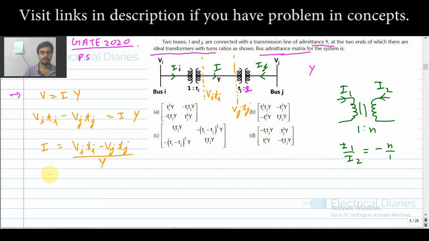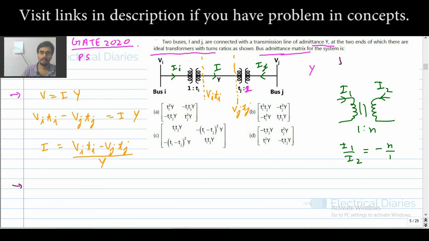Okay, so now see, the other part that I could do is, what is my objective? I have to find out the bus admittance matrix. Okay, and what is the bus admittance matrix for the system?